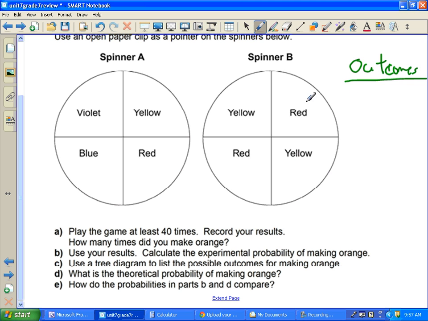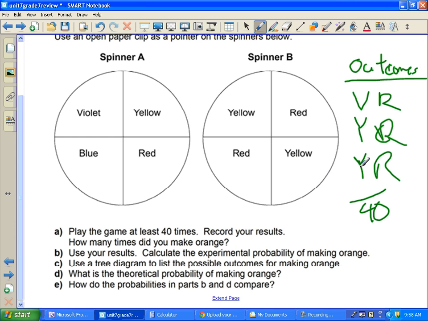You might end up getting violet and red for the first one. You might get yellow and orange, or yellow and red for the next one, and a few times you might get yellow and red. So you'd list all your outcomes and then see how many times out of 40 you get each combination.